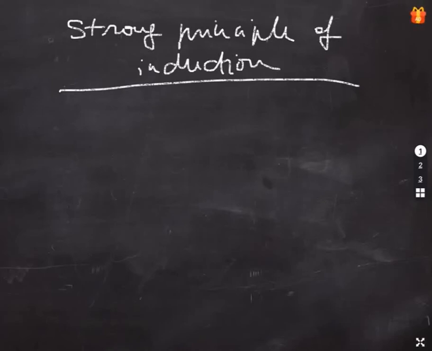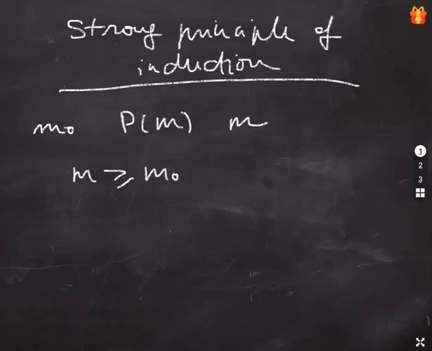So let m0 be a natural number, and let P(m) be a property pertaining to an arbitrary natural number m. Now, suppose that for each m larger or equal to m0, we have the following implication.